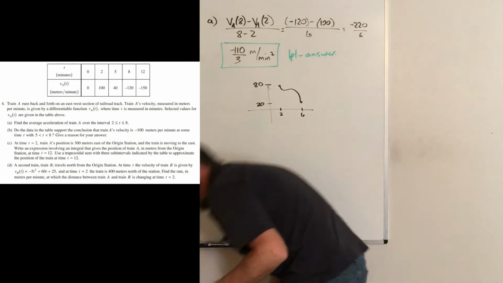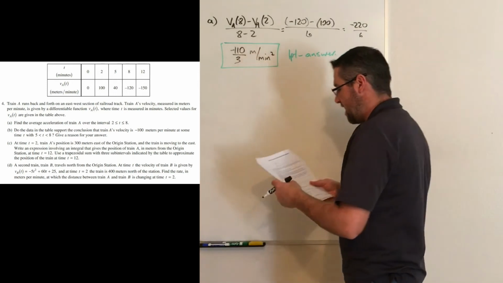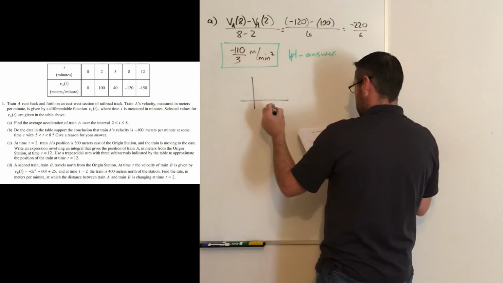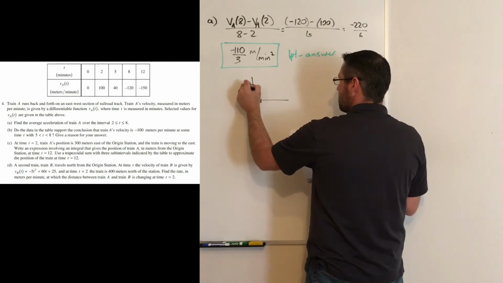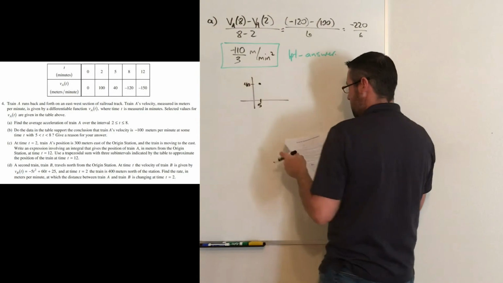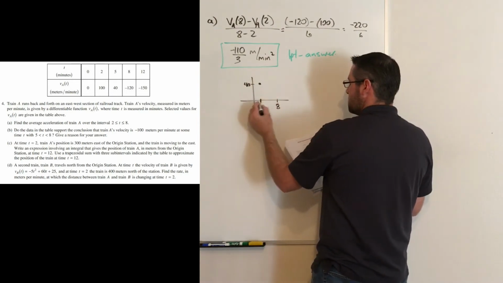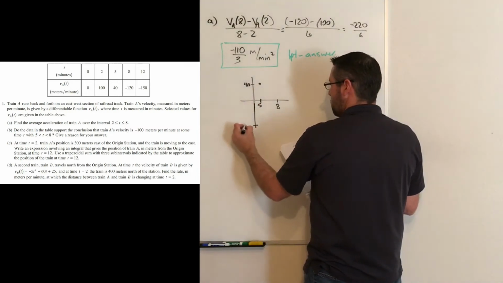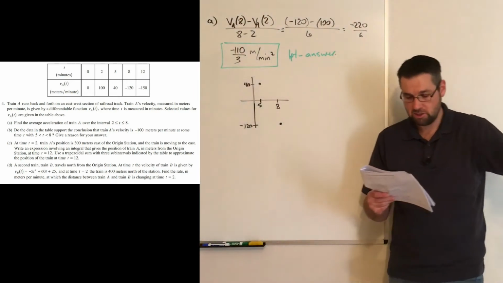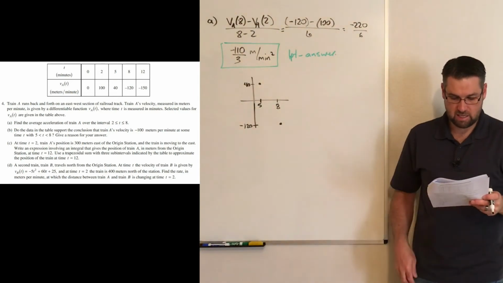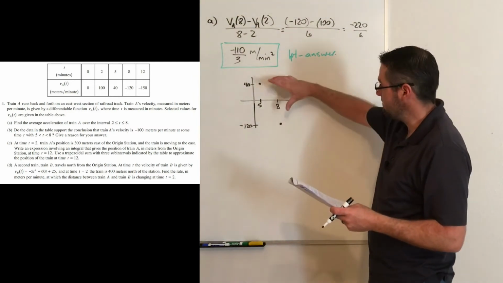So looking at the data that we have in regards to the interval 5 to 8, if we just look at the coordinates there, coordinate 5 gives you a velocity of 40, and then coordinate 8 gives you a velocity of negative 120, so we're down here. And the question is, does the data support the velocity being negative 100 for some value between there?